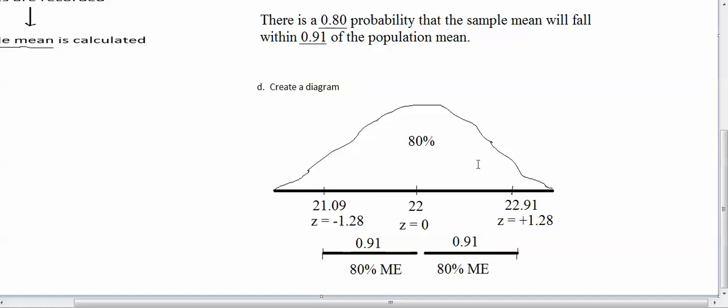What this is showing is that there's a 0.80 probability the sample mean will fall between 21.09 and 22.91. That's because there's a 0.80 probability of the sample mean falling somewhere in the middle 80%.